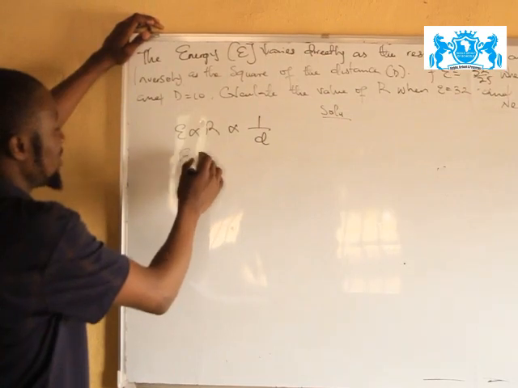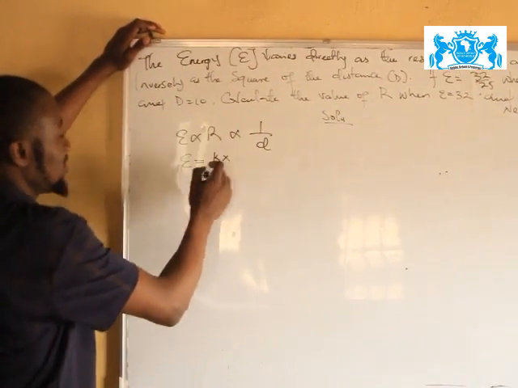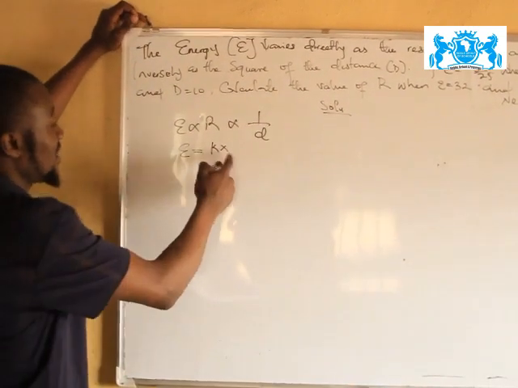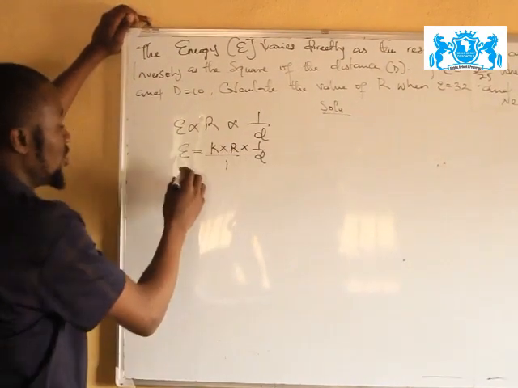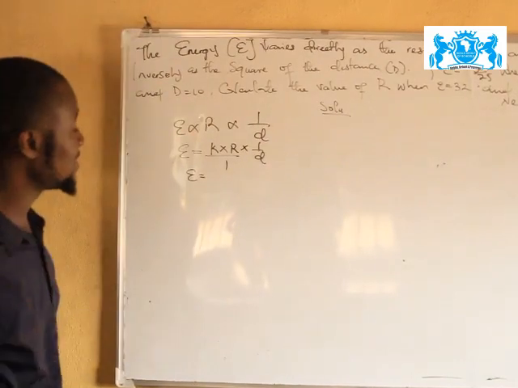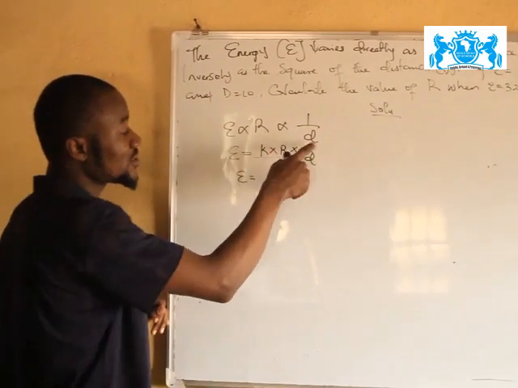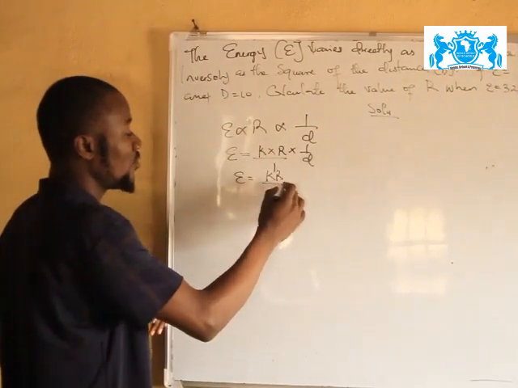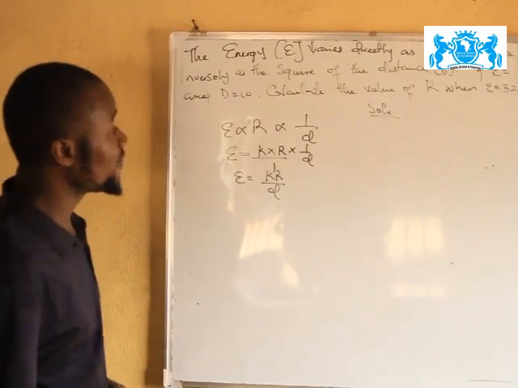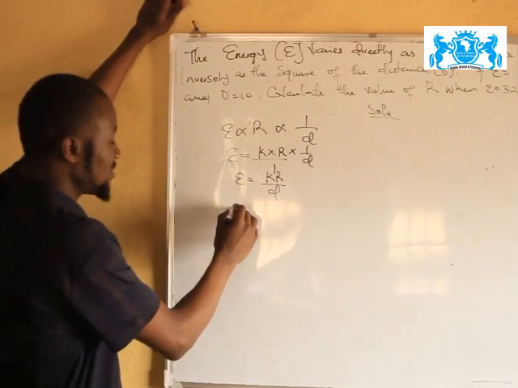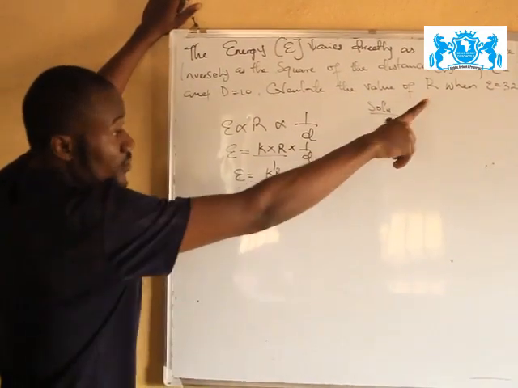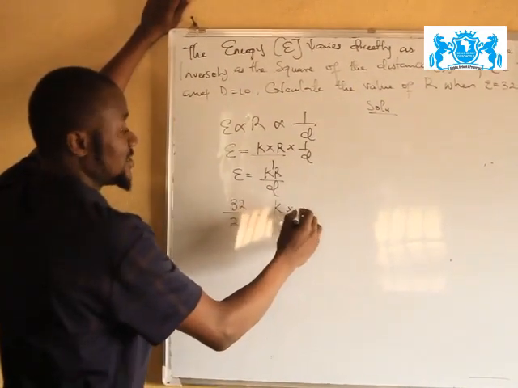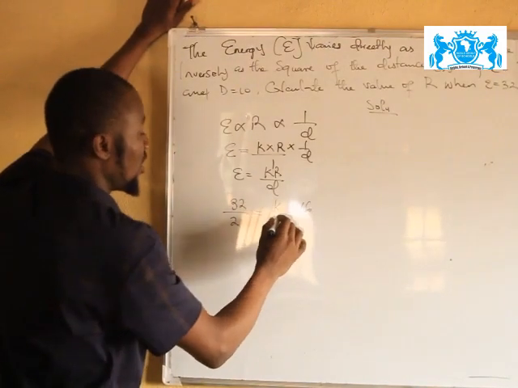We'll be having that E is equal to K, introducing a constant, times R times 1 over D squared. So you have E equals K times R, which is KR, times 1, which is KR all over D squared.